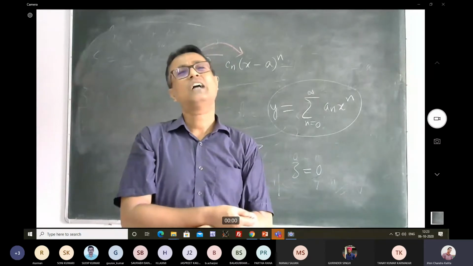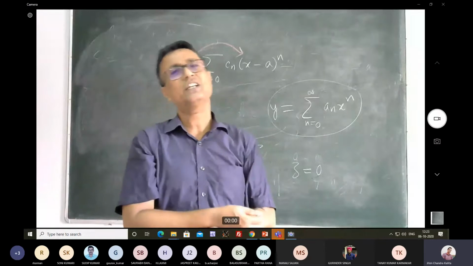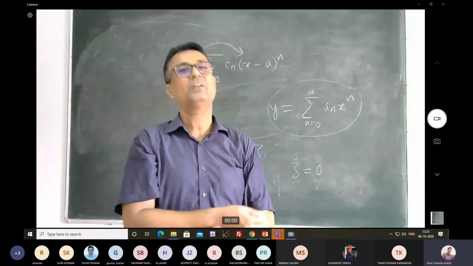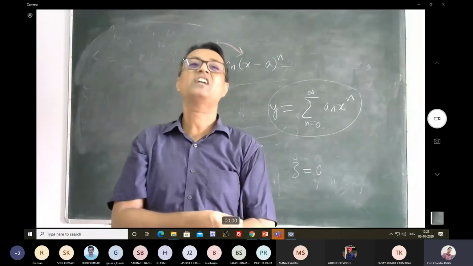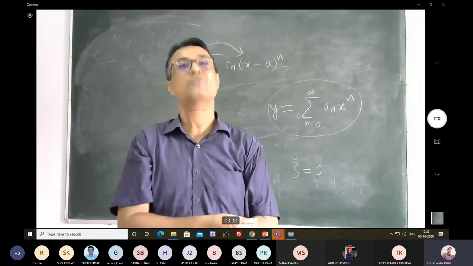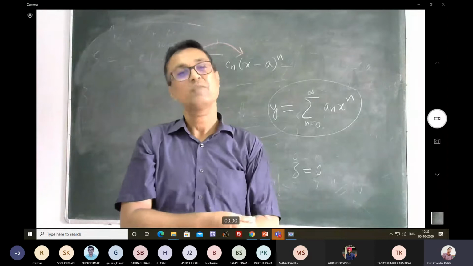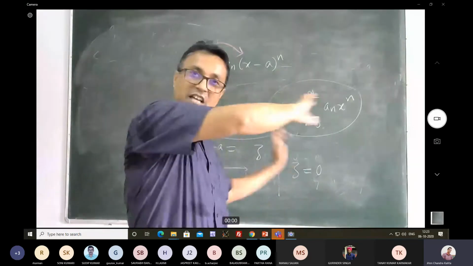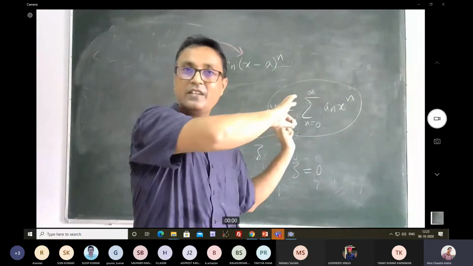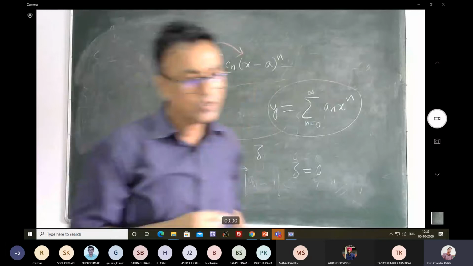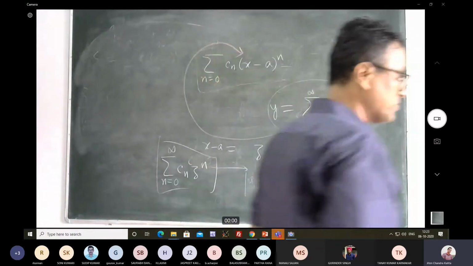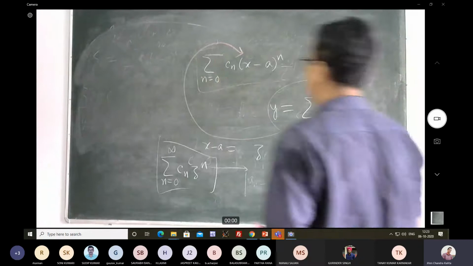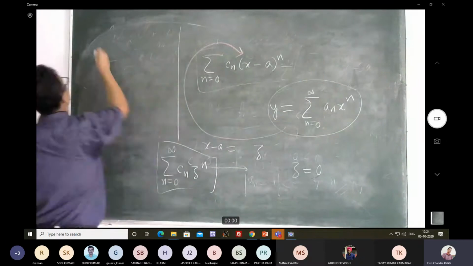So I am going to consider a series about x equal to 0. But you have to remember that it is something for j minus 1 equal to x. Okay, fine. So that is where the shifting will be done. So this is about shift. So now let us come to another concept.